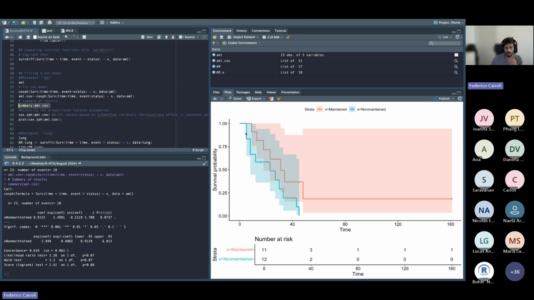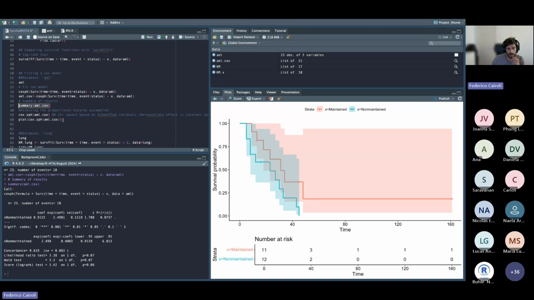I remember that Hosh explained this in detail before. We have to be sure that the relationship between these two curves is practically proportional across time, and that one curve is not crossing the other one, for example, at early time. So this is very important.